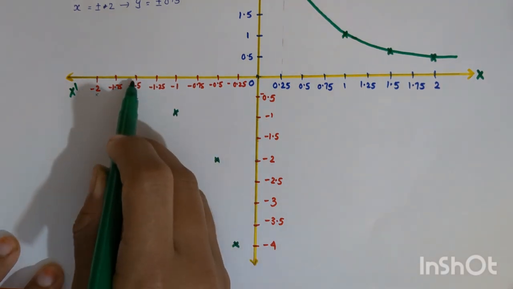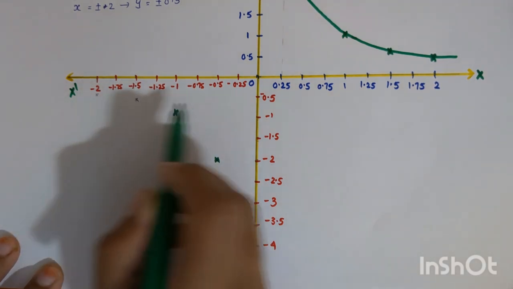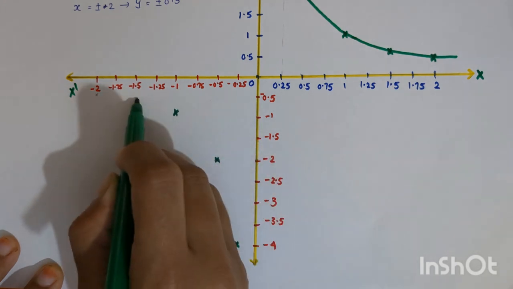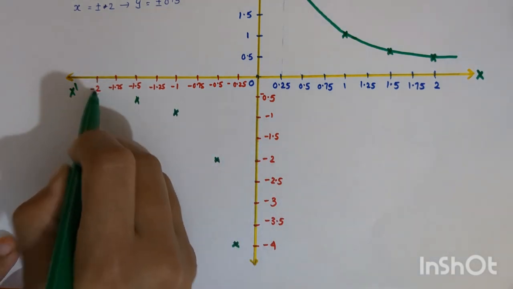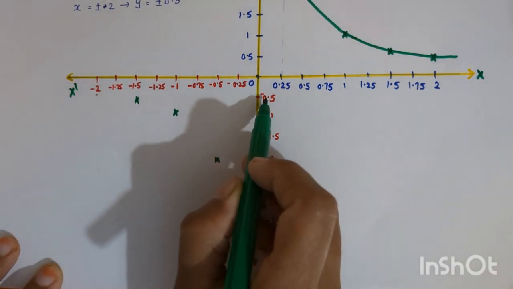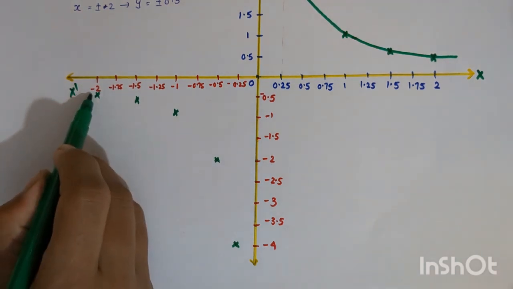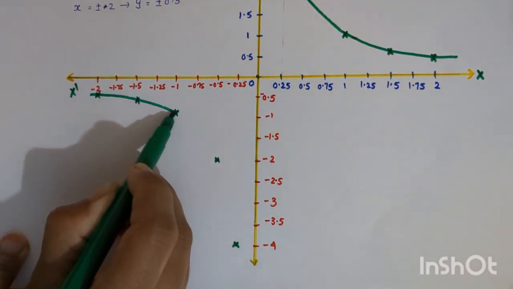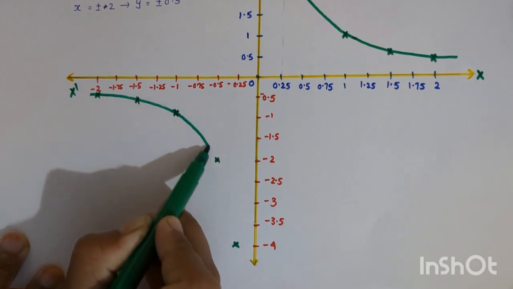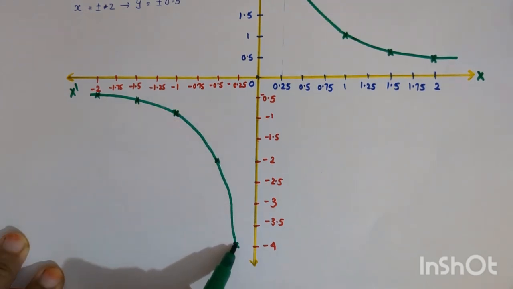When x is equal to minus 1.5, y is equal to minus 0.67, so we will get a point here. When x is equal to minus 2, y is actually minus 0.5, we will get a point here. So when you join all these points, we are actually getting a graph like this.